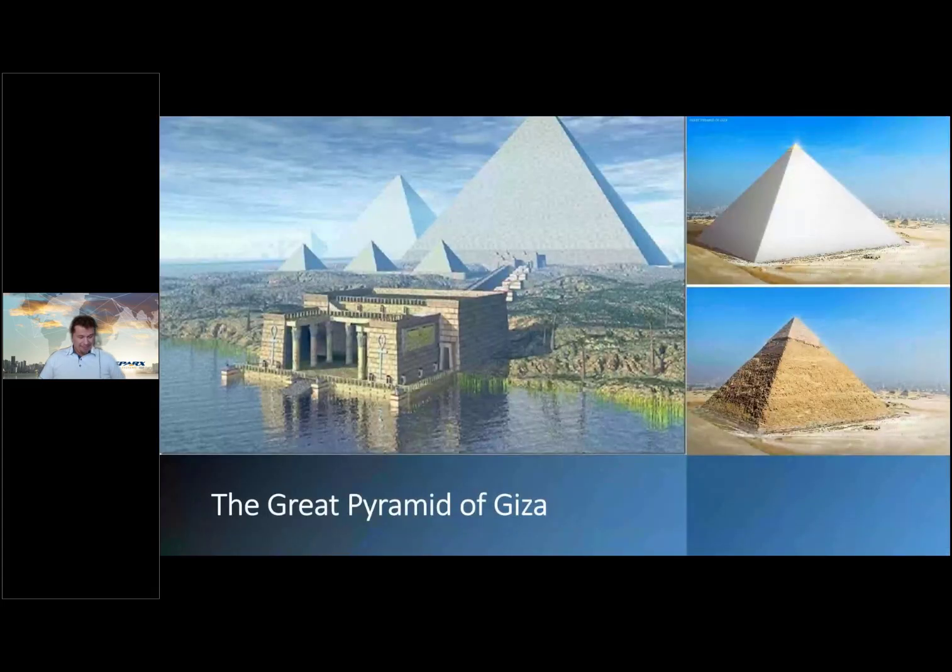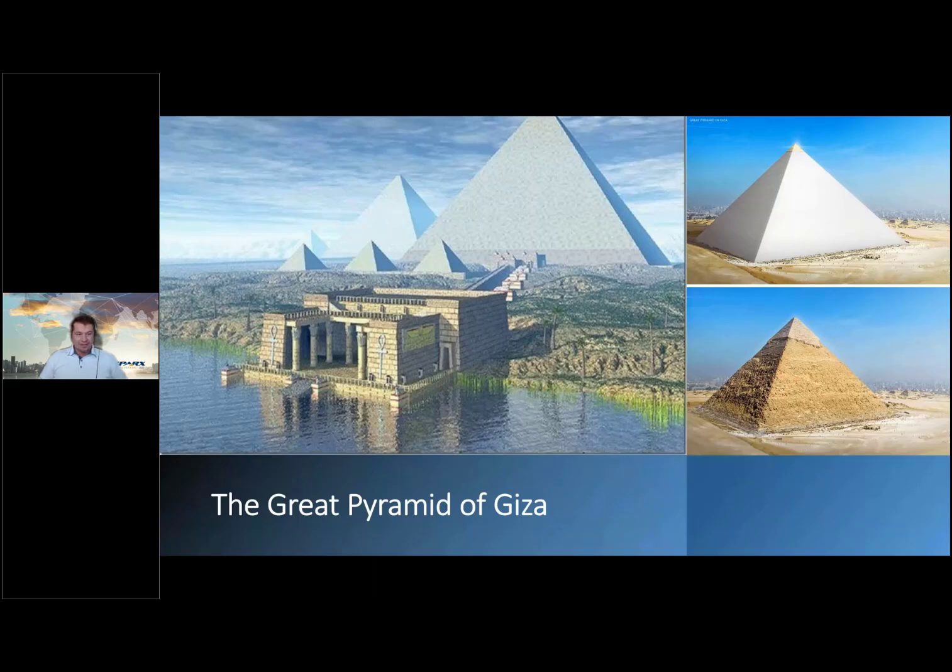So let's do some time travel and let's see what our ancestors did in Egypt. Apparently everyone is familiar with this picture, right? As you see in this picture, this is probably how it looked 4,000 years ago. This is how it looks now.